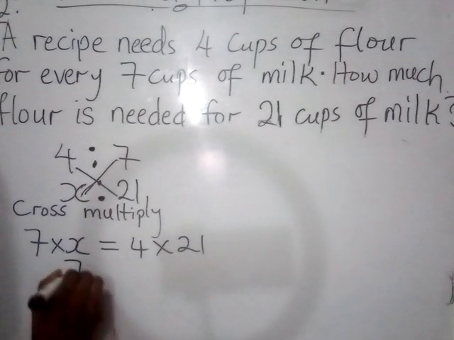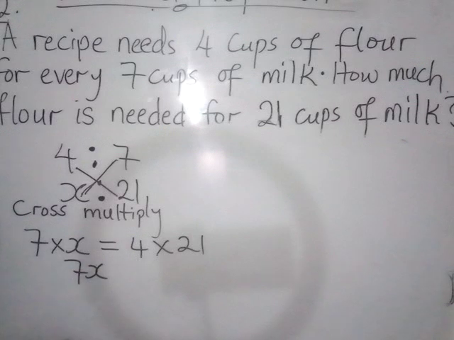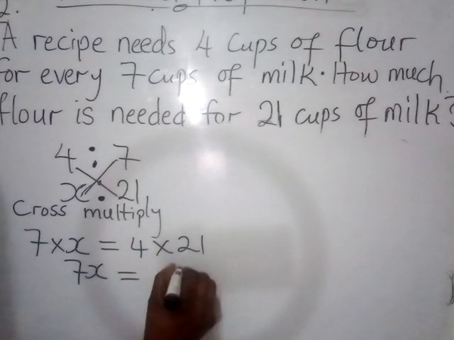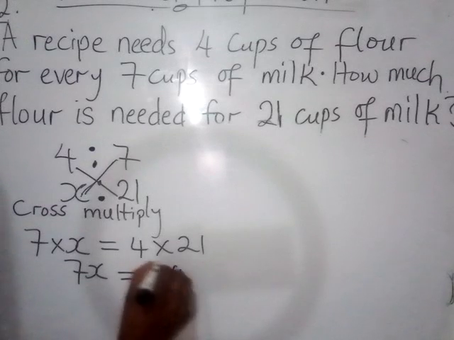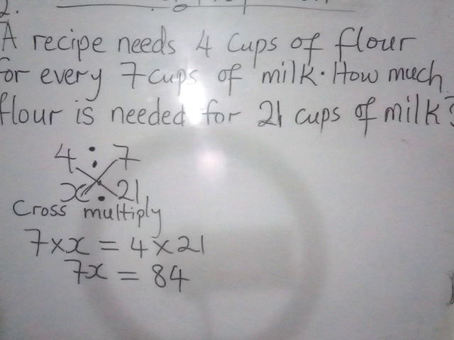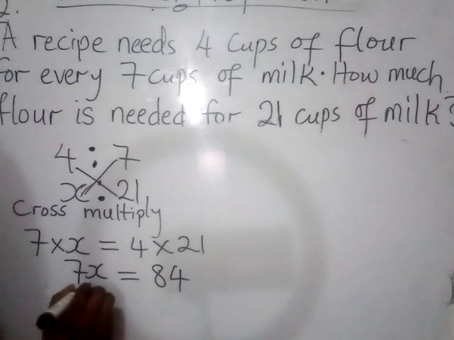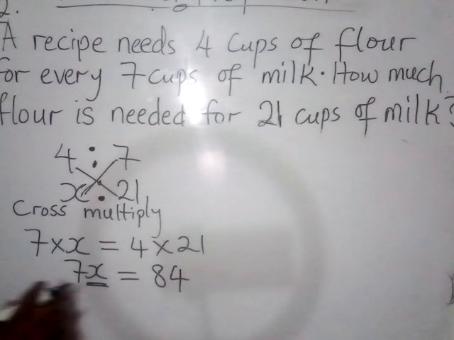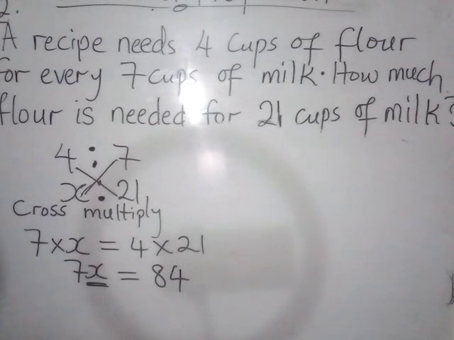So 7 times x gives us 7x is equal to 4 times 21. So you do 4 times 1 is 4 and 4 times 2 is 8. So 7x is 84. But it's only x we are looking for. We're looking for just x. So the only way we can get rid of this 7 from this side so that x will stand alone is to divide both sides by 7.